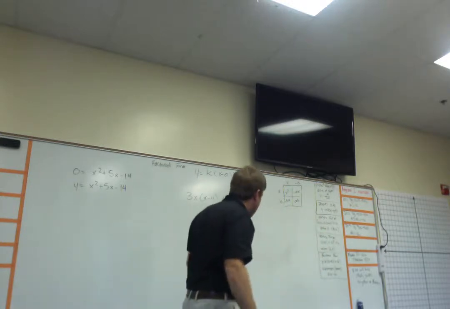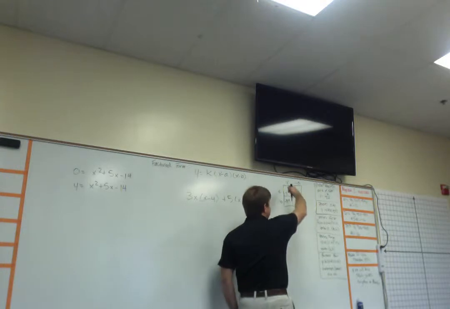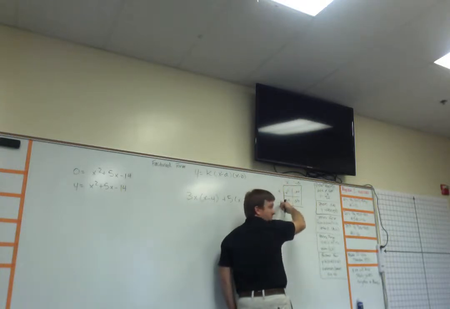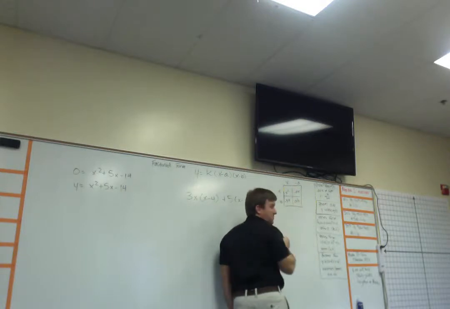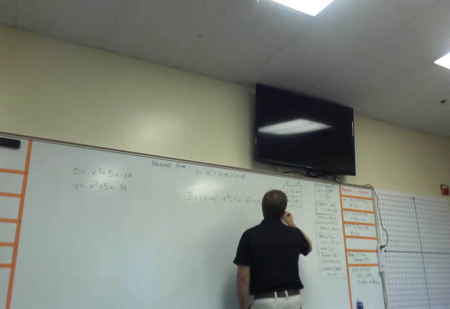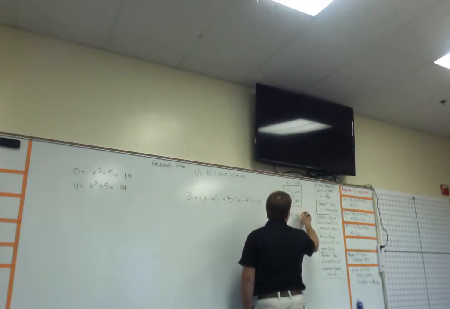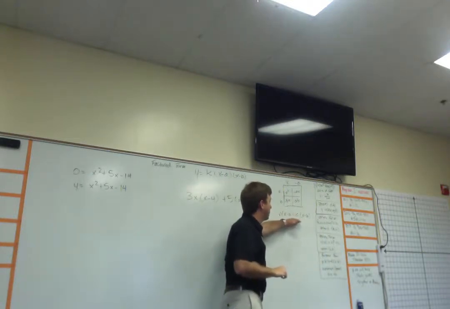Another way to look at this is x times x minus b plus negative a times x minus b. So look at that form: x times x minus b minus a times x minus b. Does this look like something anywhere else on the board?